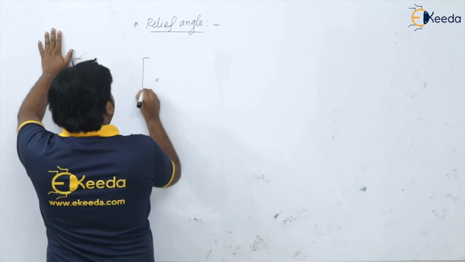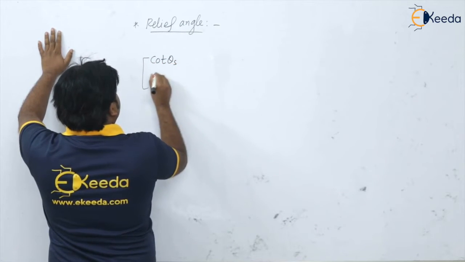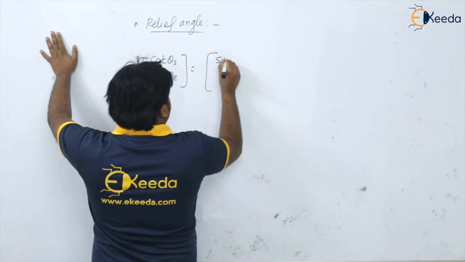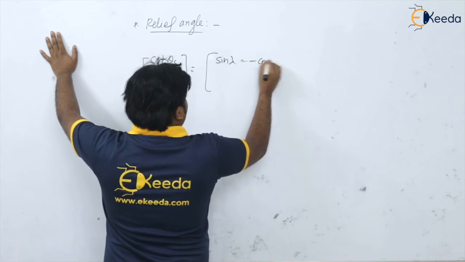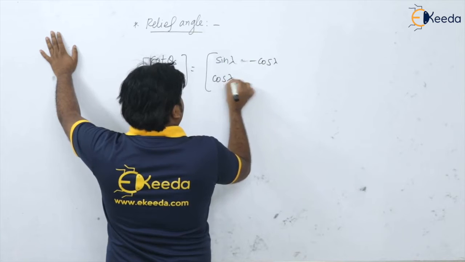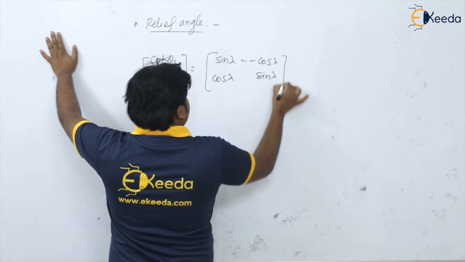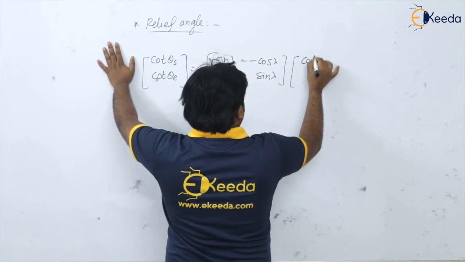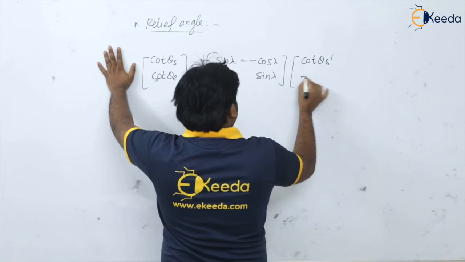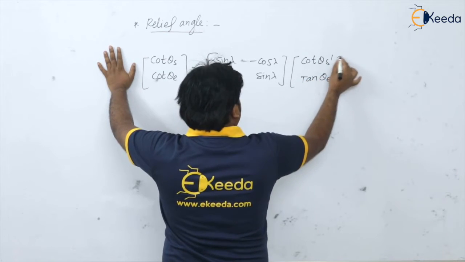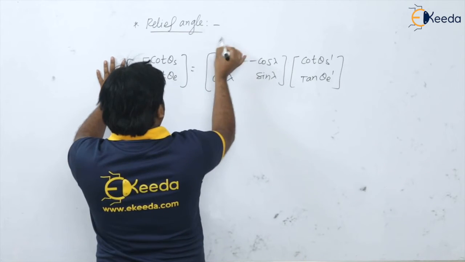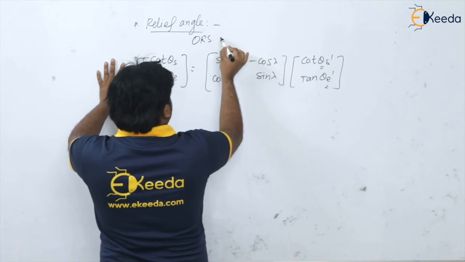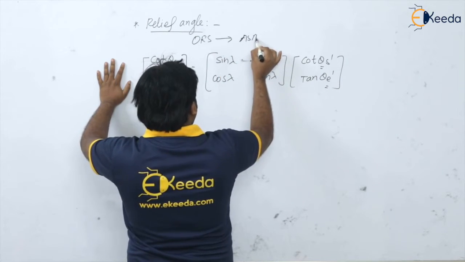So we have cot theta s and cot theta e is equal to sin lambda, minus cos lambda, cos lambda, sin lambda, into cot theta s dash and cot theta e dash, when the ORS angles theta s dash and theta e dash are given.